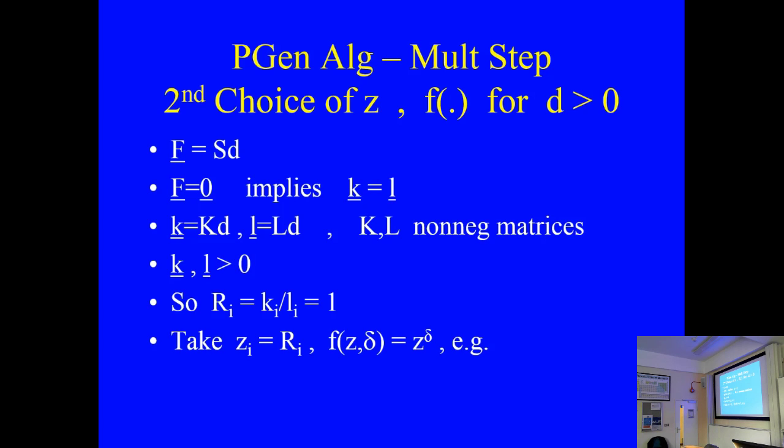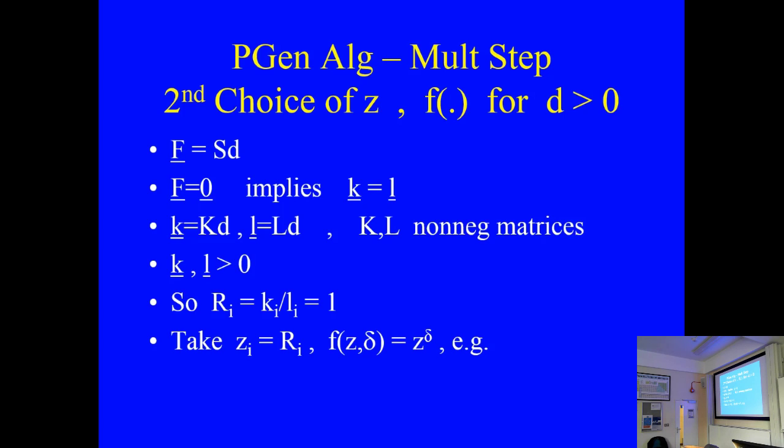The vector f is to be equal to the matrix S times D, that's its definition. If we want the vector f to be 0, that implies that two vectors are equal, the vector k, a matrix K times D, and the vector L, a matrix L times D, where these are non-negative matrices and the vectors k and L are greater than 0.